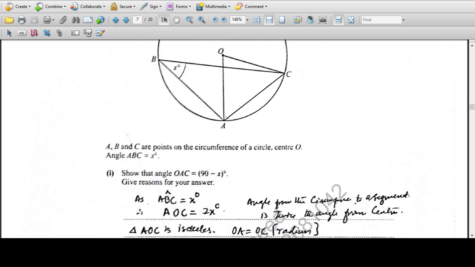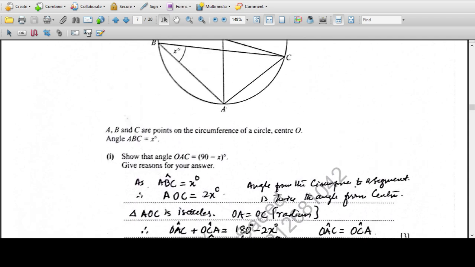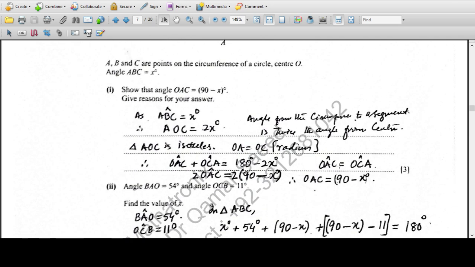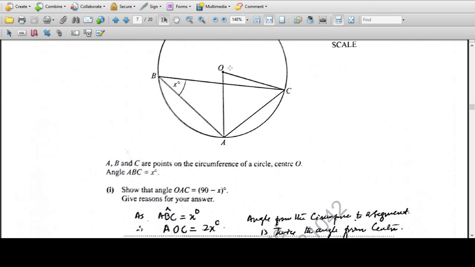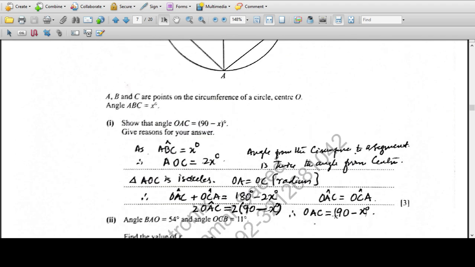Since OAC and OCA are equal because of the isosceles triangle, 2 can be taken common, and OAC plus OCA is equal to 2 OAC. This 2 can be eliminated, and OAC is 90 degree minus x, which is shown here.